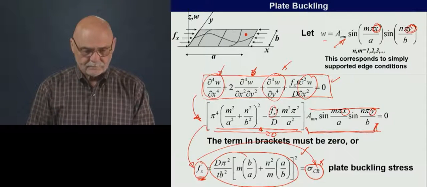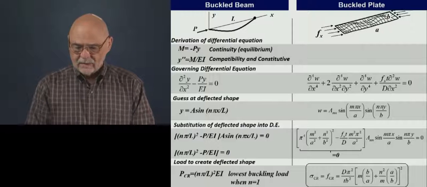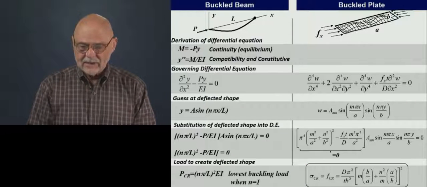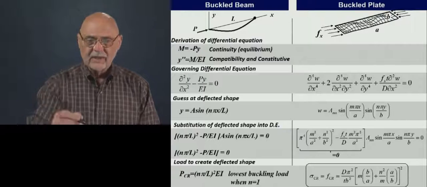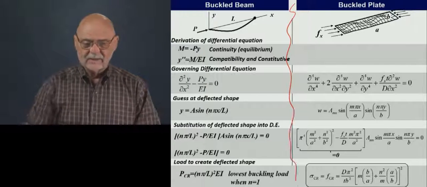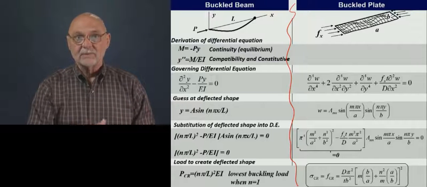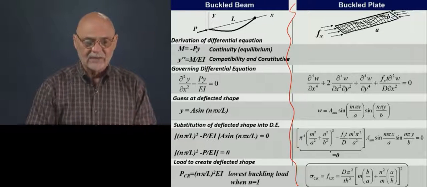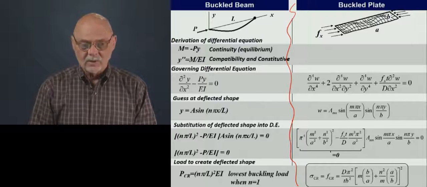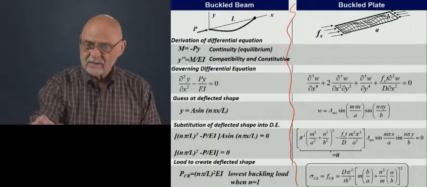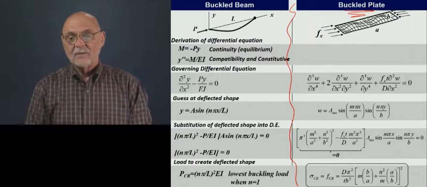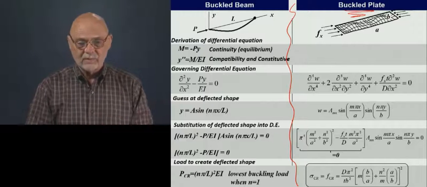Okay. So we have a few more minutes. Let's just look at what we've accomplished here. On the left-hand side here, we did a full derivation of a buckling beam because it was a simpler case that we could do fairly straightforwardly. And now we're following the same identical steps for a buckling plate, a 2D problem.